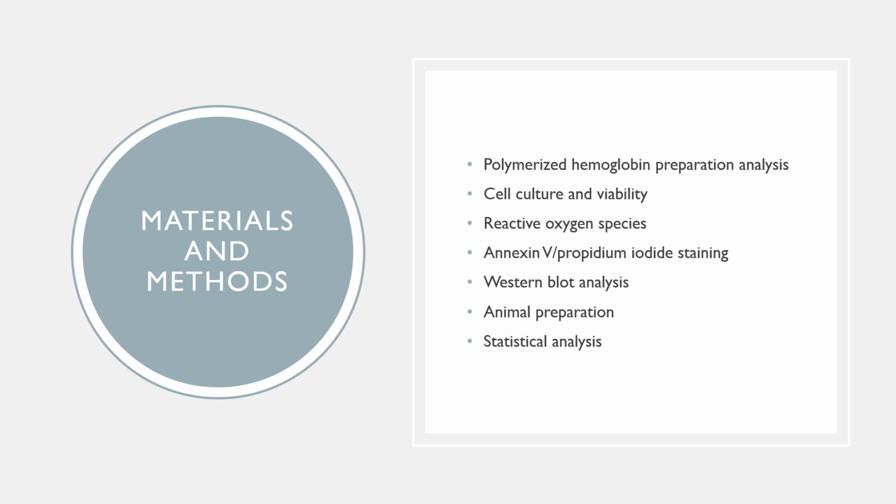In the reactive oxygen species analysis, dichlorofluorescein diacetate was used to detect the formation of the reactive oxygen species. The cells were plated in a confocal dish and incubated for 24 hours before being treated with the vehicle, which was 0.9% saline, and polymerized human hemoglobin.